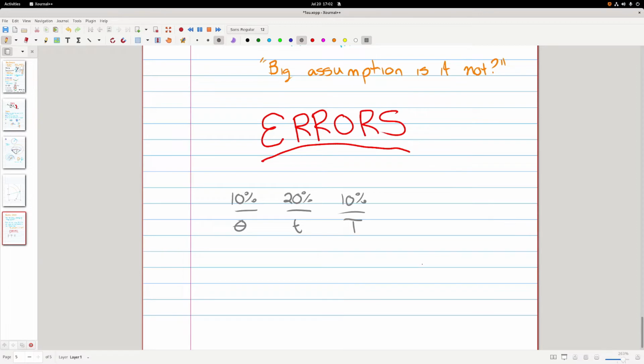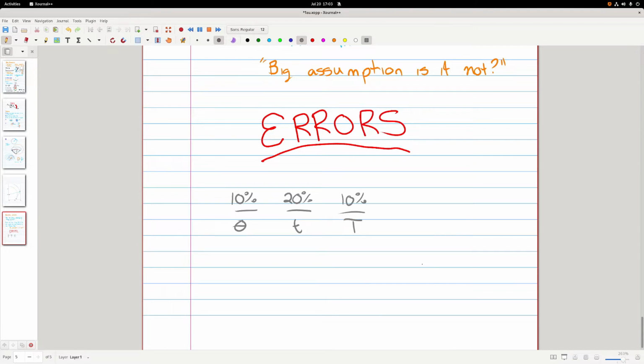Now it is important that these are uncorrelated values. What that means is that these errors can't affect your other measurements. So whatever we measure theta max to be doesn't affect how we measure time, and how we measure the time of the transit period doesn't affect how we previously measured the period, right?